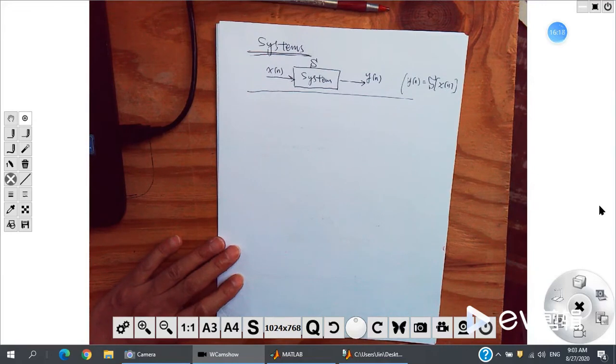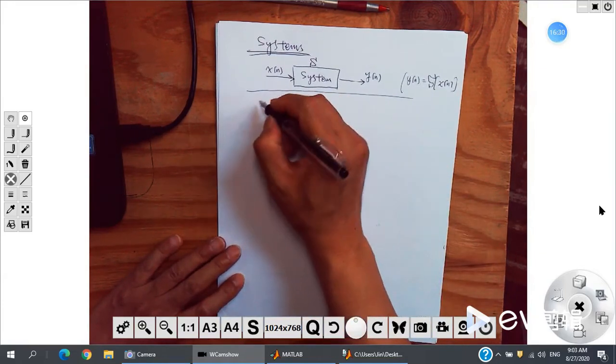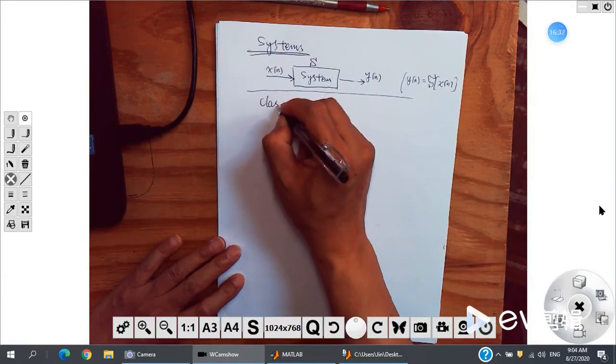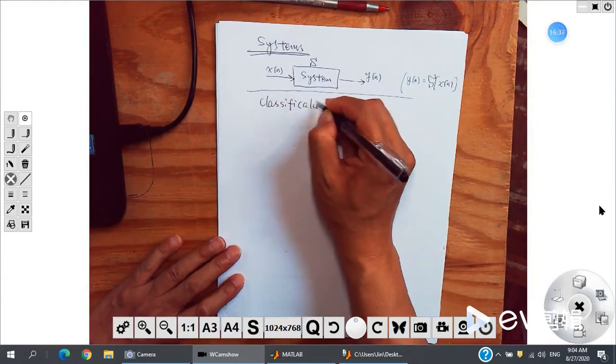And then for systems, we have a question: what kinds of systems do we have? There are several kinds. We can say this is the classification of systems.